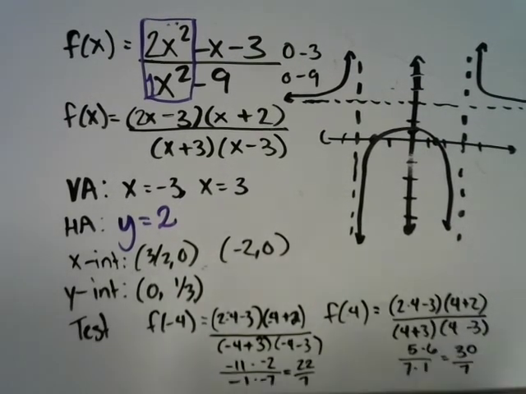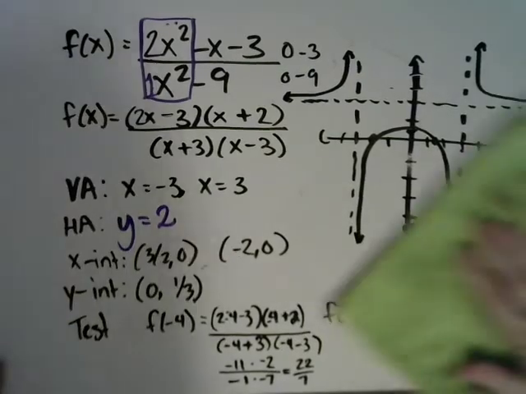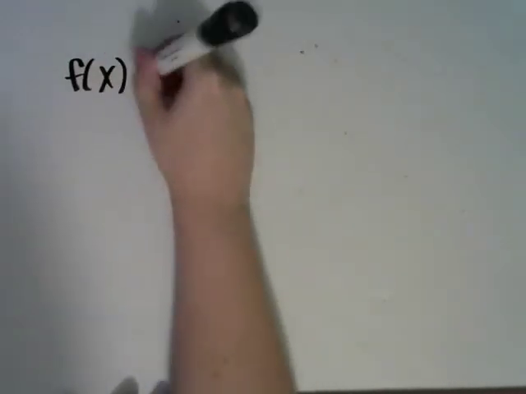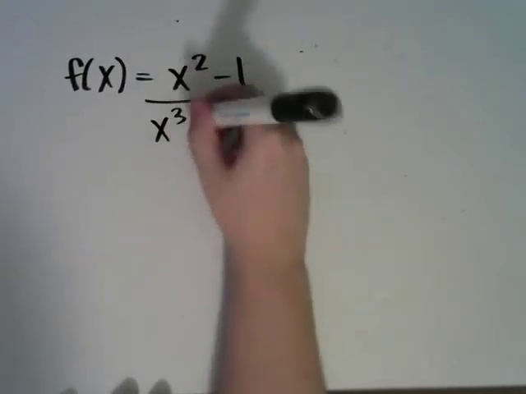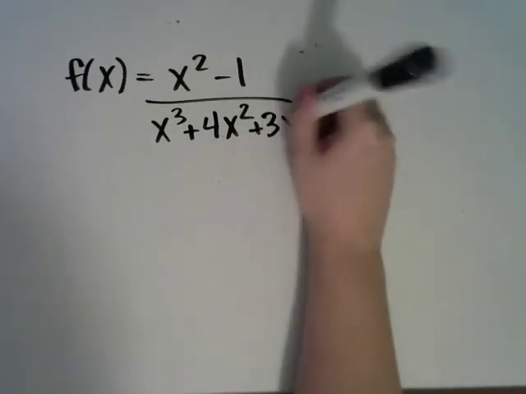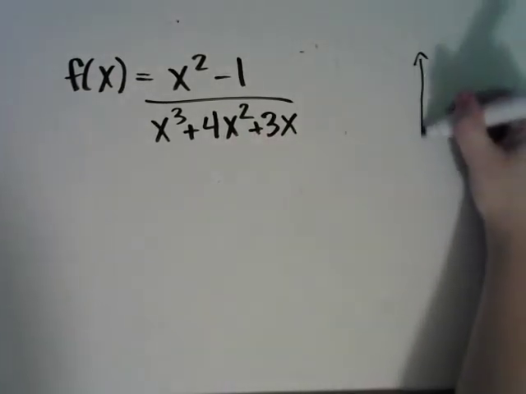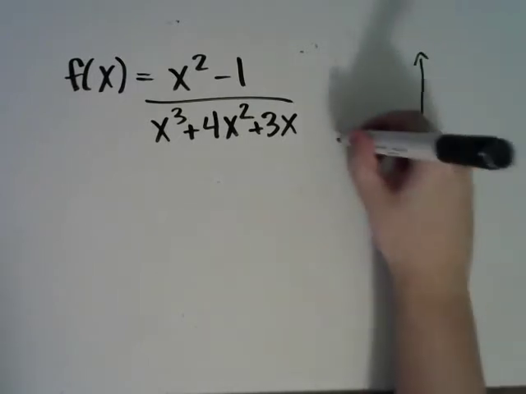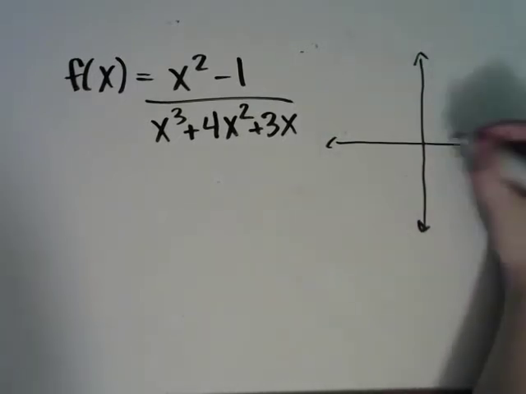Let's try another example that introduces another new feature to our rational function repertoire. In this example, we have f of x equals x squared minus 1 over x cubed plus 4x squared plus 3x. As before, try to get a head start on the factoring of this expression while I reset my graph.